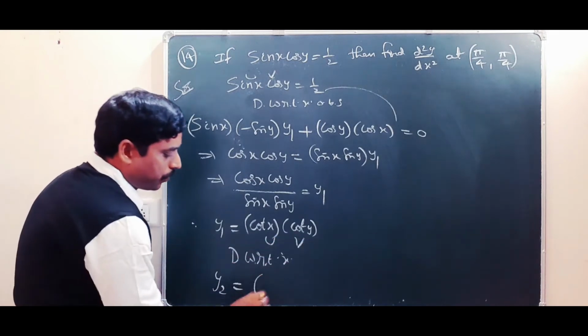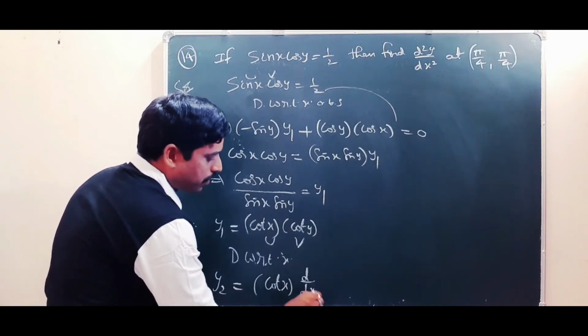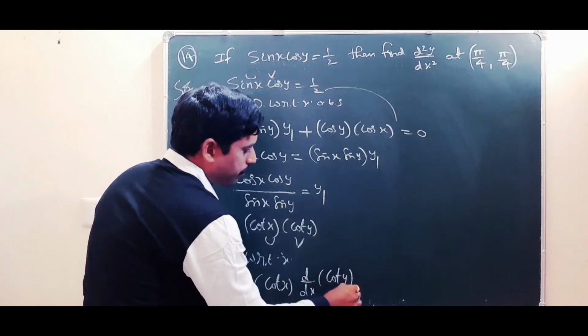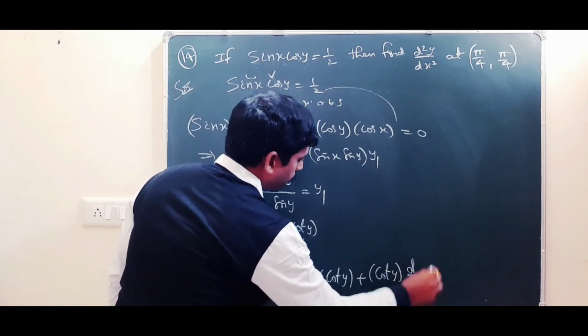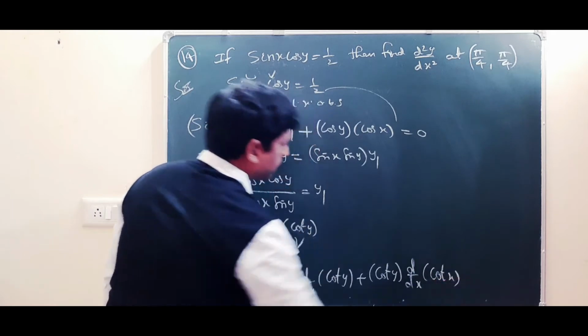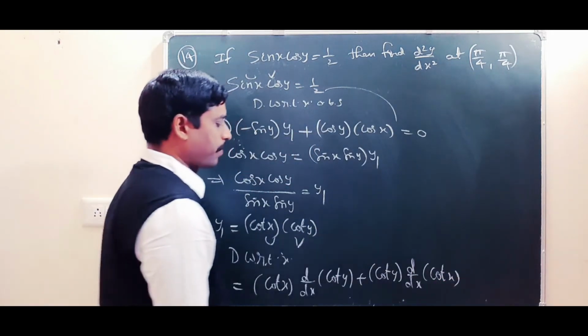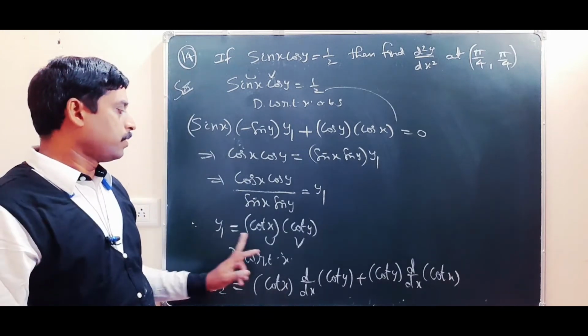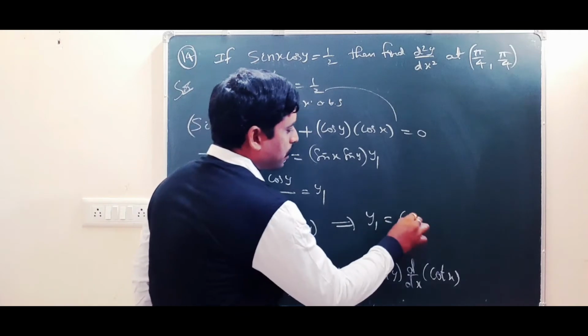Again, cot x into differentiation of cot y plus cot y into differentiation of cot x. So y1 is equal to cot x into cot y.